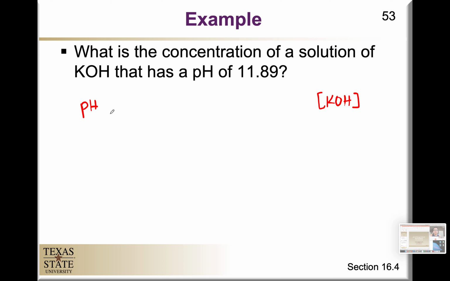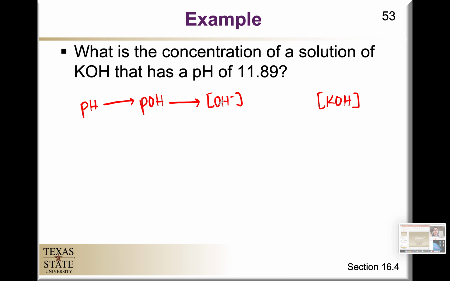Well, one of the ways to do this is that I know that from the pH, I can find the pOH by using the equation that says pH plus pOH is equal to 14. Once I get the pOH, then I know that I can convert that into a concentration of hydroxide ions by utilizing the inverse log.